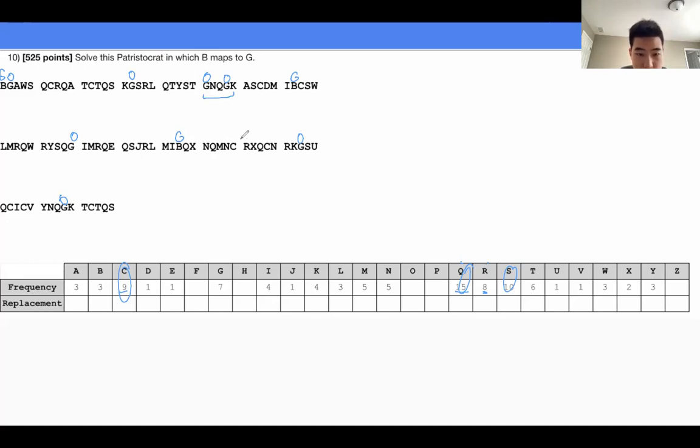Where else could we go with this? Since there's not many places to go, we might just want to go letter frequencies on this.